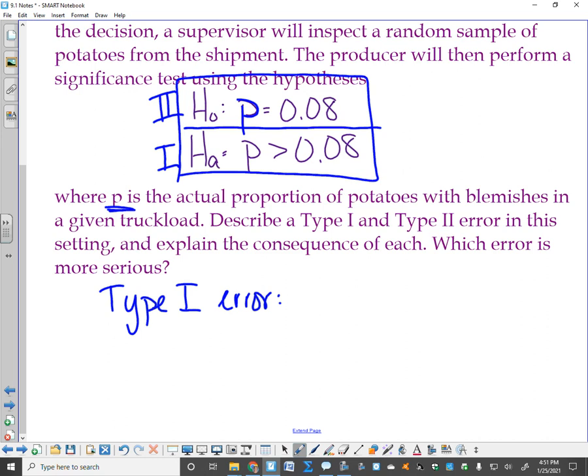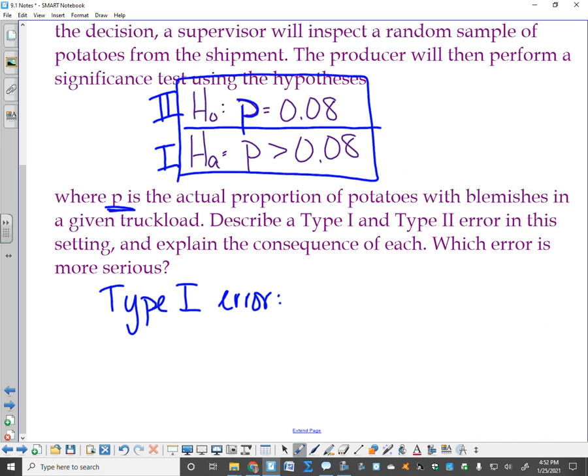Okay, I'm not going to write. I'm just going to talk. You pause me, rewind me, you do what you need to do so that you can write this down. A type 1 error means that you found convincing evidence that the proportion of potatoes with blemishes exceeds 8%.